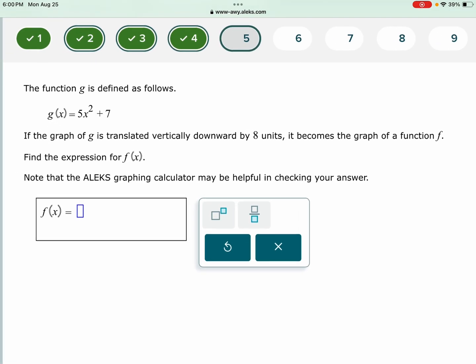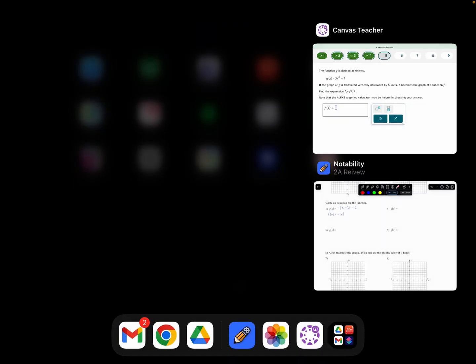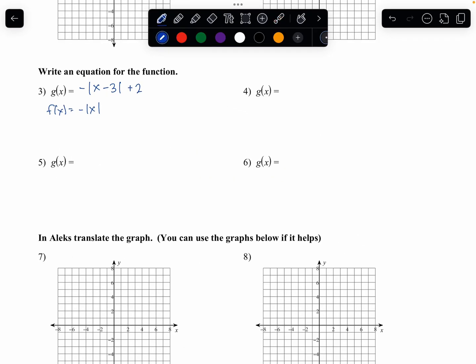Question 5. The function g is defined as follows. If the graph of g is translated vertically downwards by 8, one second. I'm actually going to write this down. So 5x squared plus 7, that's the function that we were given.